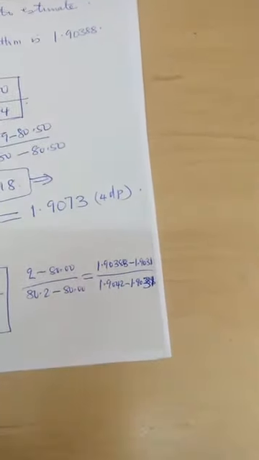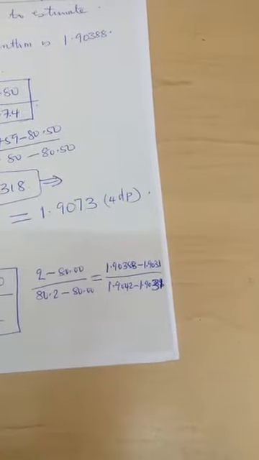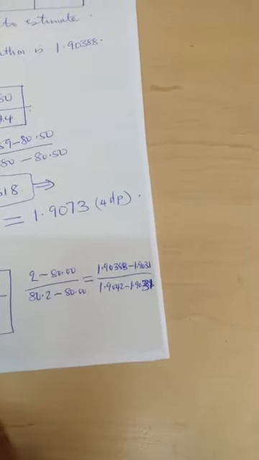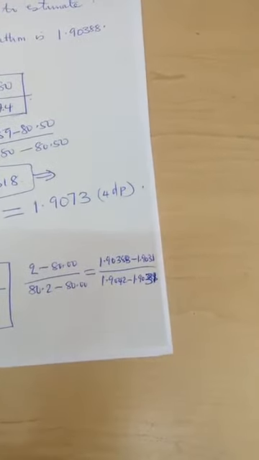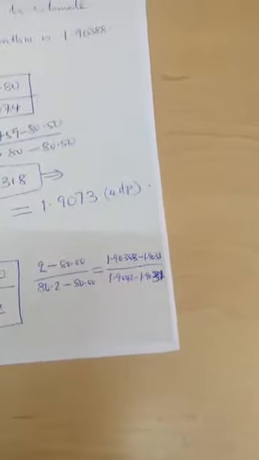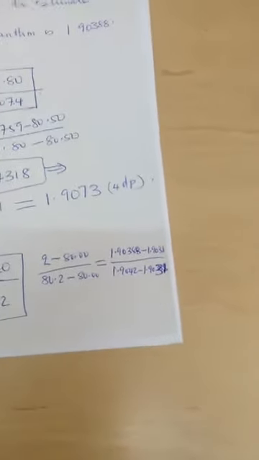It is Q minus 80 over 80.2 minus 80, which should be equal to this minus that over this minus that.